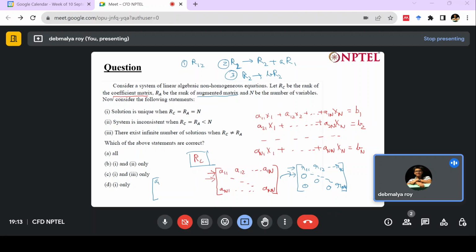So all these coefficients will be there, A11, A12, and so on, till ANN. This is the coefficient matrix plus another column of B: B1, B2 till Bn. So this particular matrix, along with this additional column, is known as the augmented matrix.